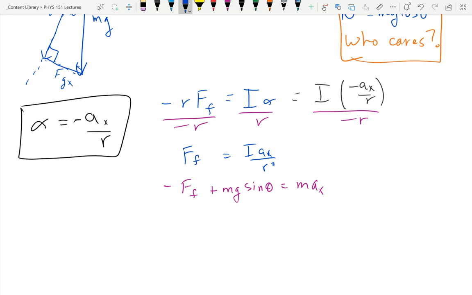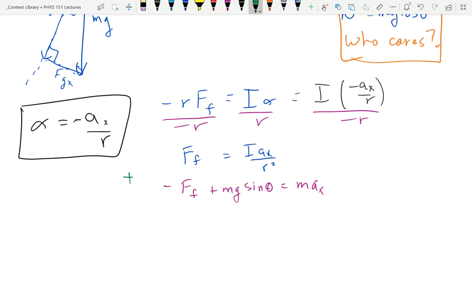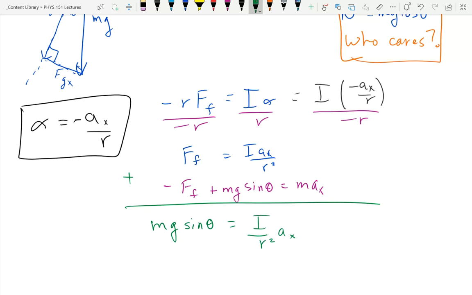Then I can just add these equations together. I add the left sides together and the right sides together. On the left side, ff minus ff subtracts out, eliminated, and I have mg sine theta. On the right-hand side, I have I over r squared ax plus m ax, or factor out the ax.